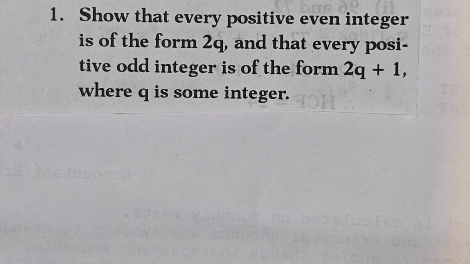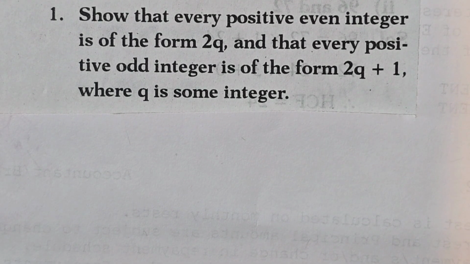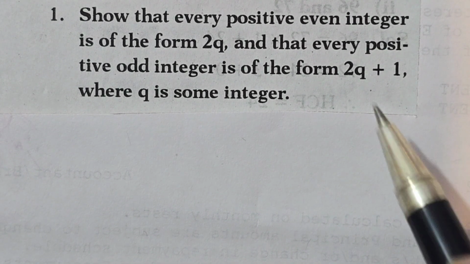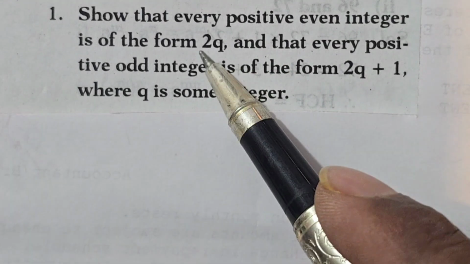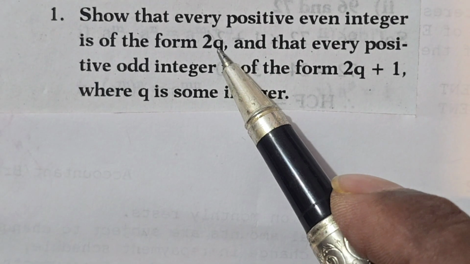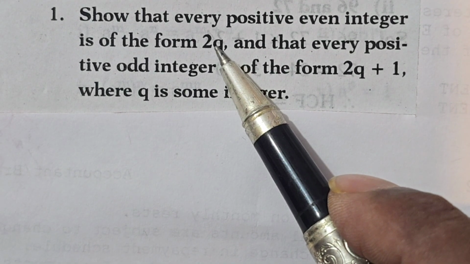Show that every positive even integer is of the form 2q and that every positive odd integer is of the form 2q plus 1, where q is some integer. We know that q is a positive integer, so we can take 1, 2, 3, 4 and so on.